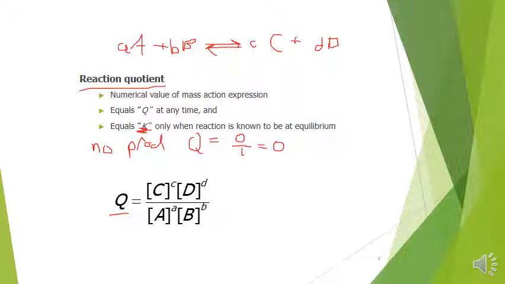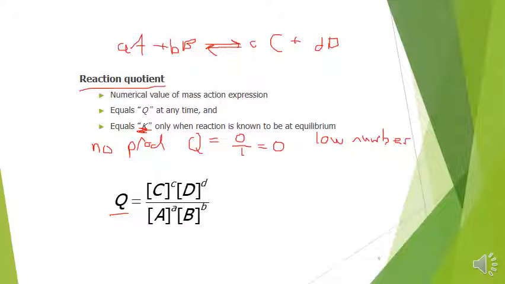Okay, so Q is going to be a really low number, virtually 0, if there's practically none of it. So it's going to be lower than equilibrium, in fact.